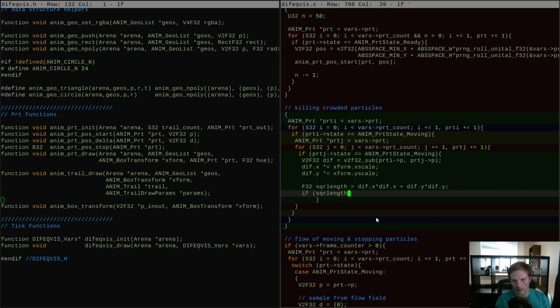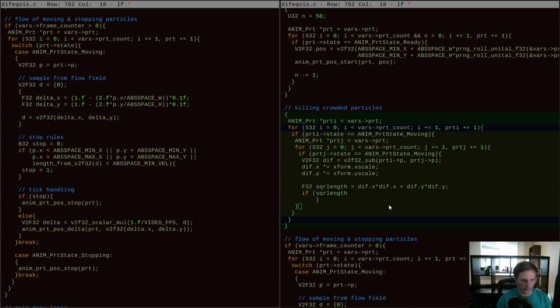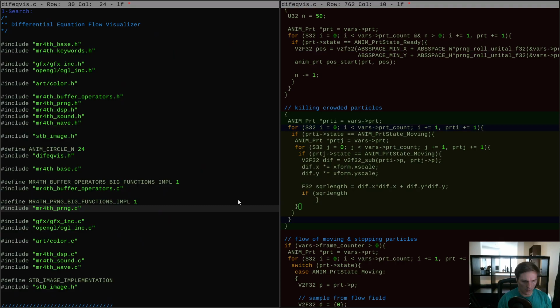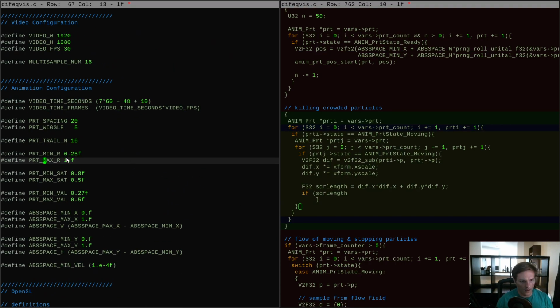Now the density level, we're going to measure by scanning. What is the radius of those? So I have a radius of 1.